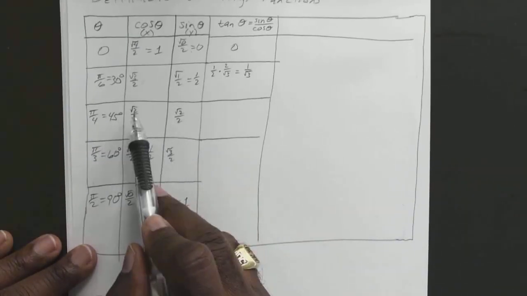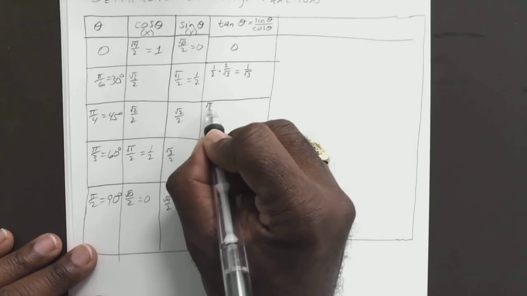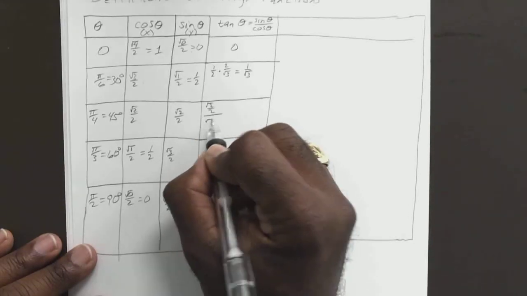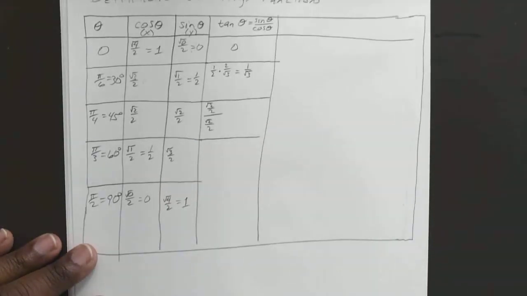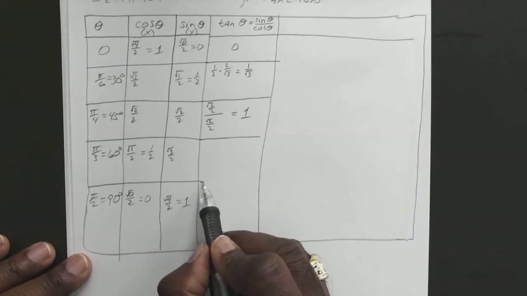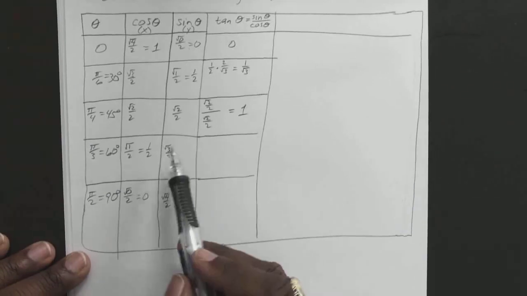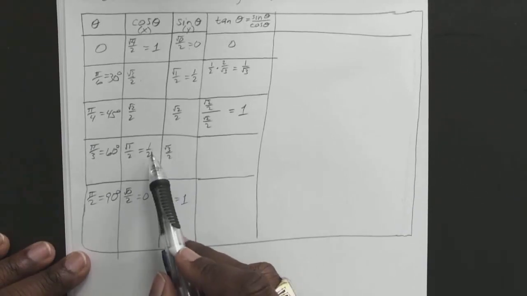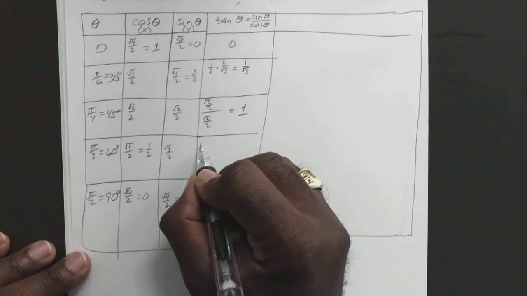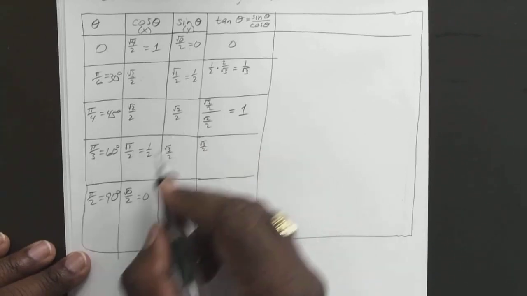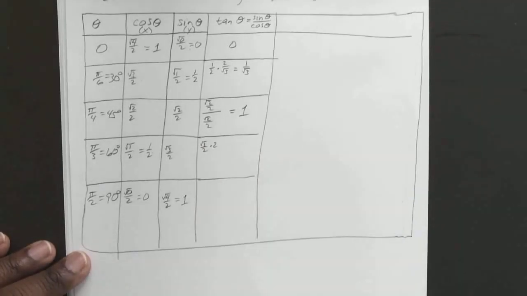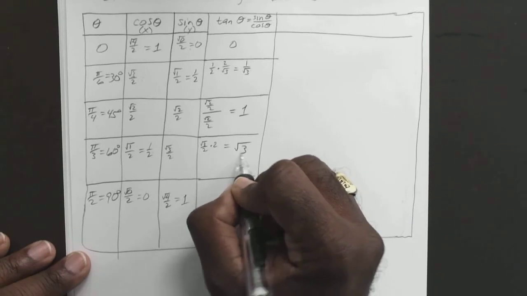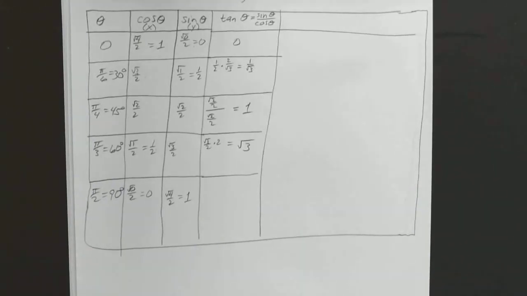For pi over 4, square root of 2 over 2 divided by square root of 2 over 2. Anything divided by itself is just going to be 1. Okay. This one, square root of 3 over 2 divided by 1/2 would just be times 2. So that would be square root of 3.